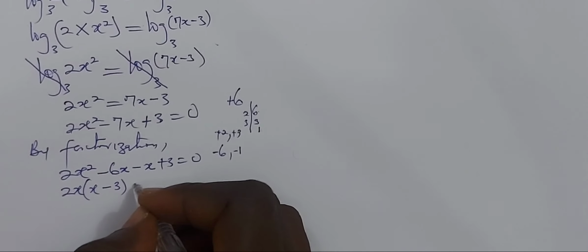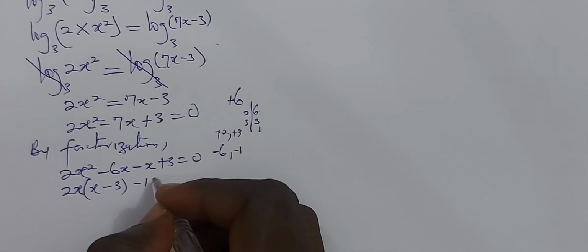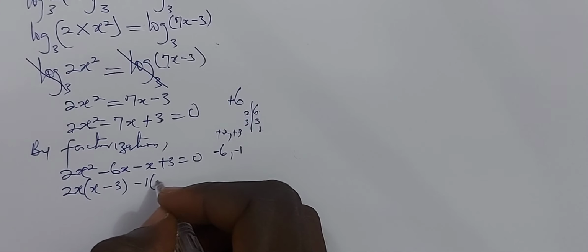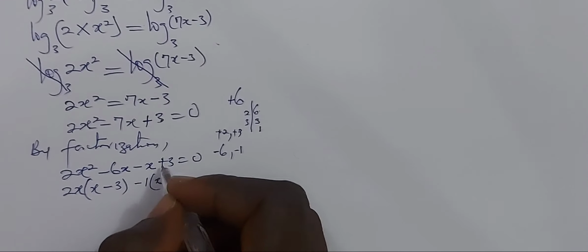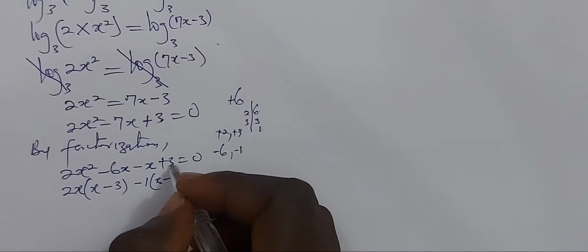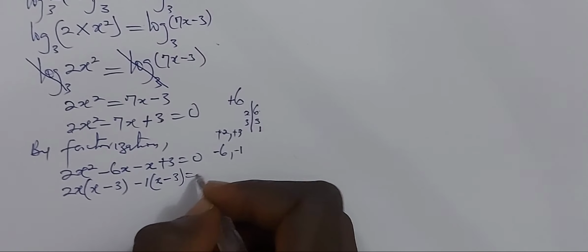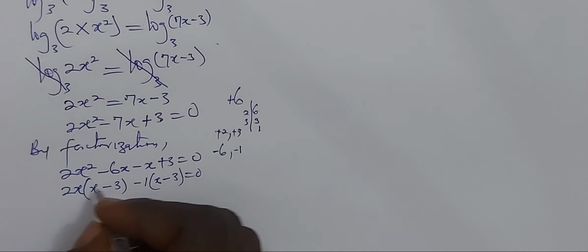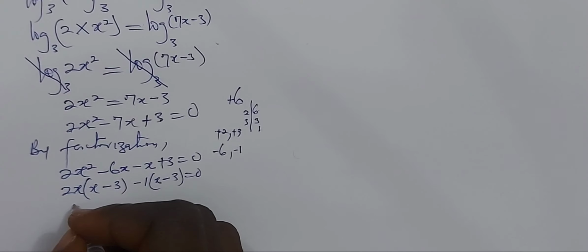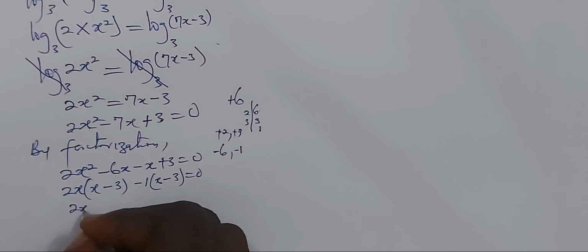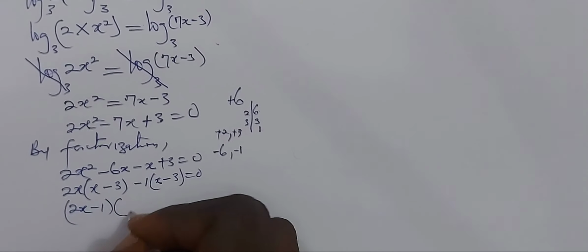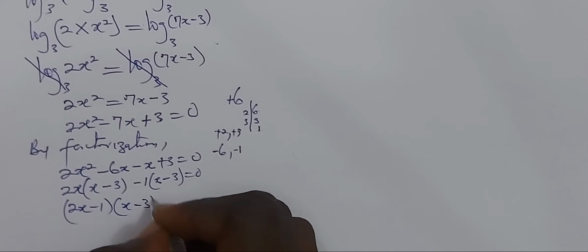What is common here? Minus 1. Minus 1 into minus x, you have x, minus 1 times plus 3 we have minus 3, and that is all. So you write one of the brackets, 2x minus 1 into x minus 3.